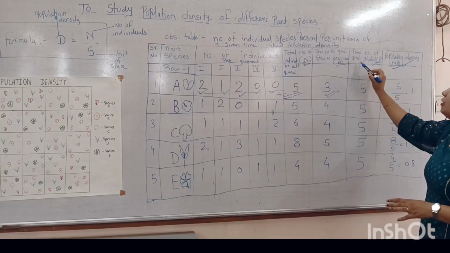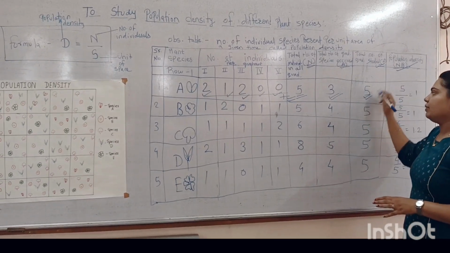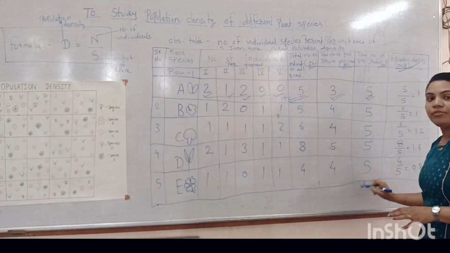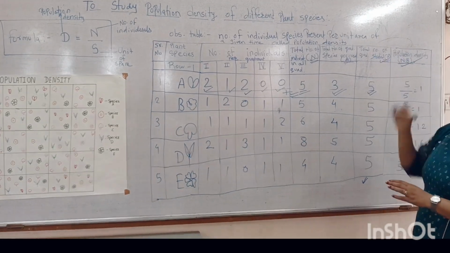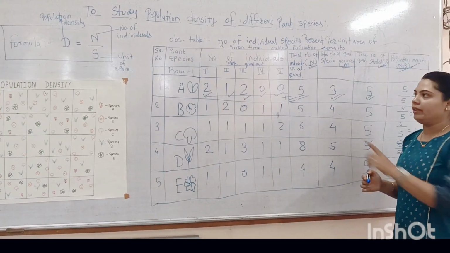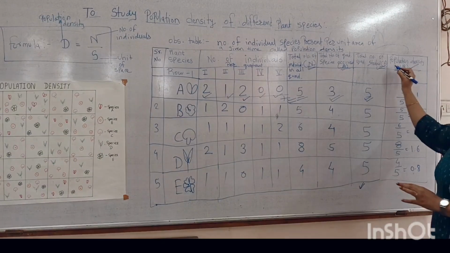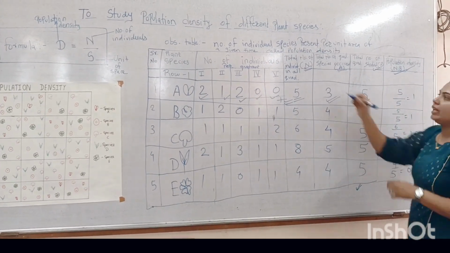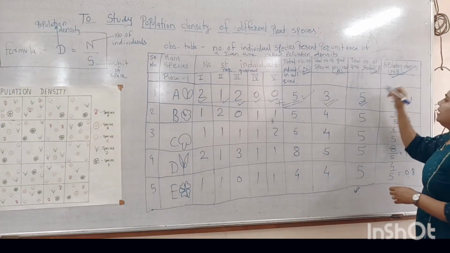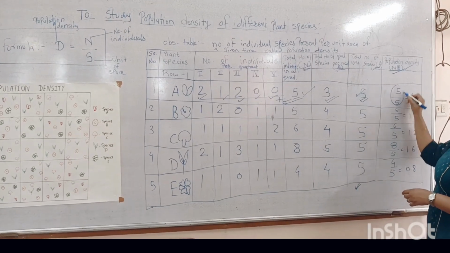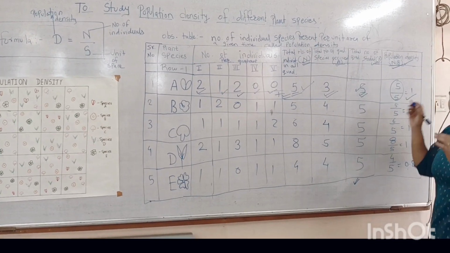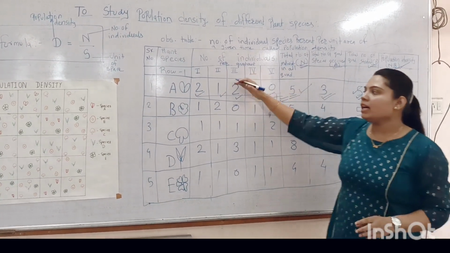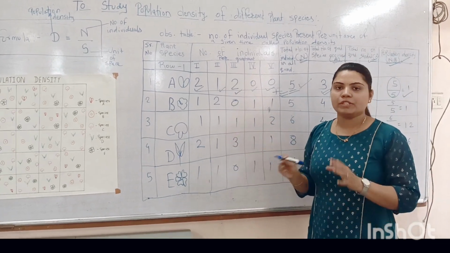The total number of quadrants studied is 5, in all rows, because we studied only 5 quadrants here. Now population density is calculated by N by V. Your N is 5, V is 5, so 5 by 5 is equal to 1. You have to calculate per quadrant here in the observation table.